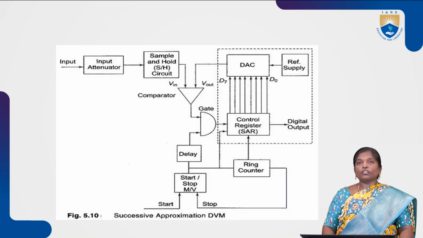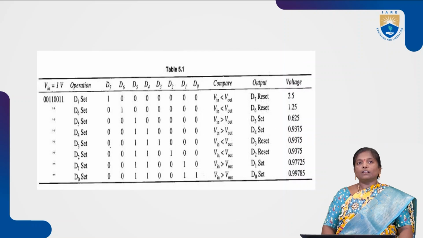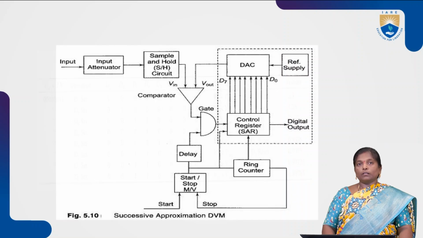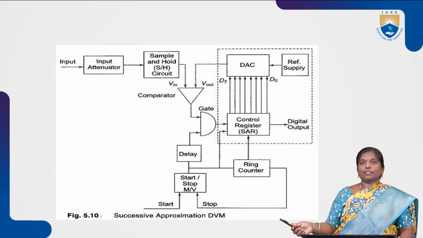This successive approximation type of digital voltmeter always depends upon the successive approximation principle. The basic principle involved in the successive approximation type is the counter balanced type or balancing method.